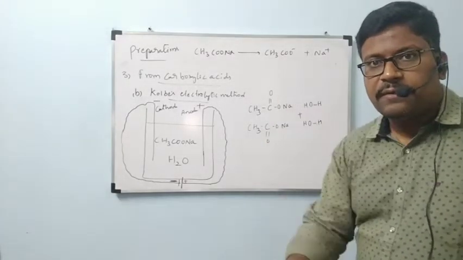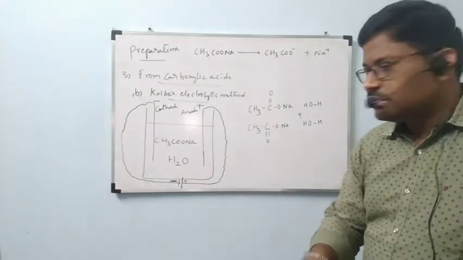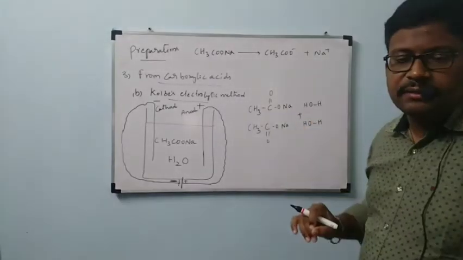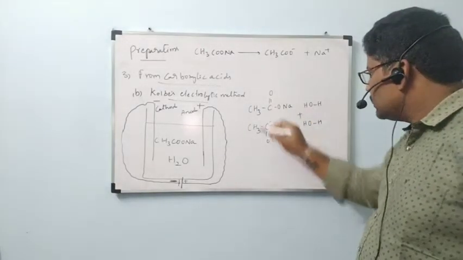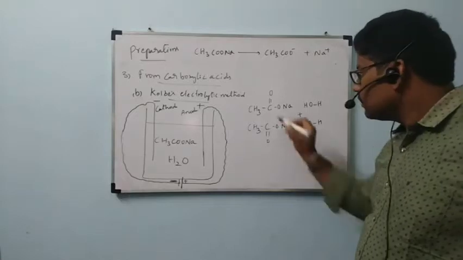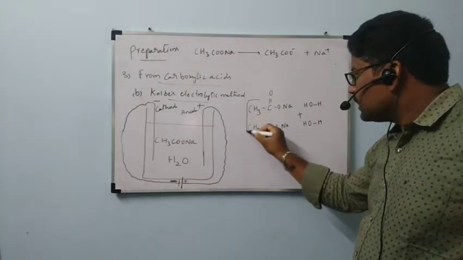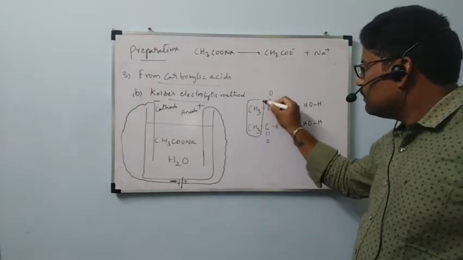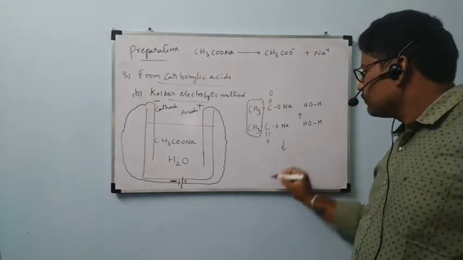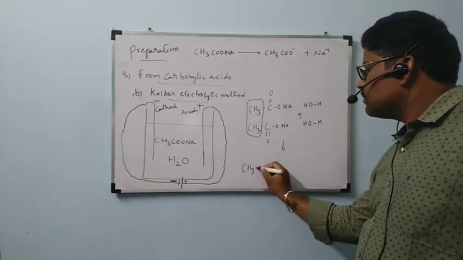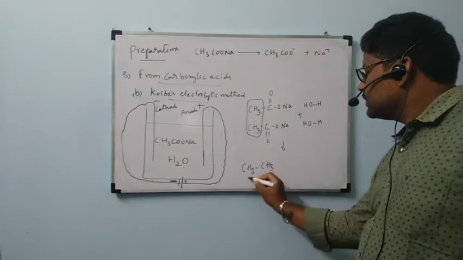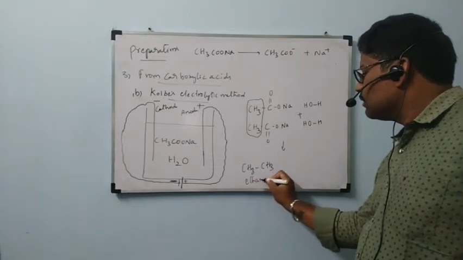When we provide electrical energy to this solution, what is the reaction happening? That we are going to discuss. Observe, CH3 and CH3 will be bonded to form CH3 single bond CH3, which is called ethane.